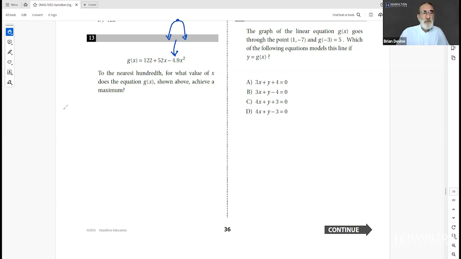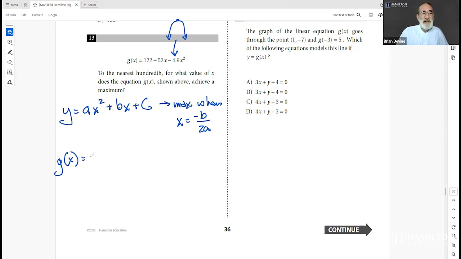And we know this, that when we get a quadratic in the form ax squared plus bx plus c, the maximum is going to be when x equals negative b over 2a. So if we look at g of x, we can write it in that form: negative 4.9x squared plus 52x plus 122.